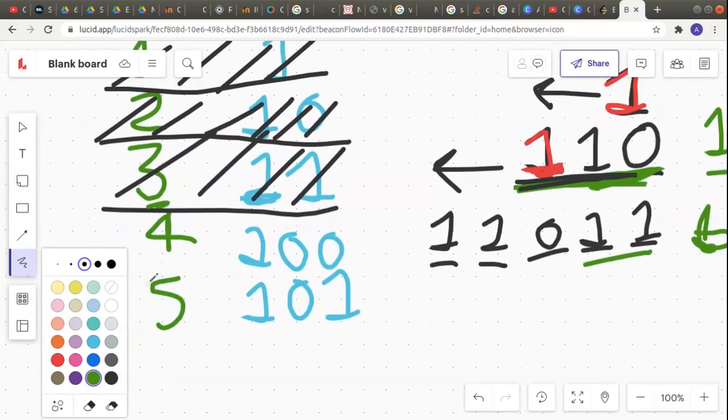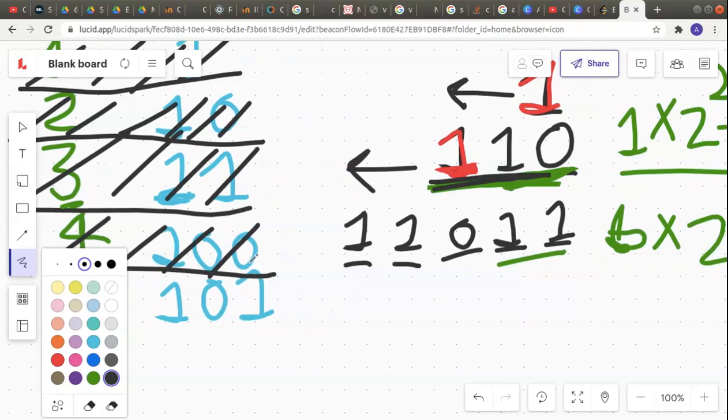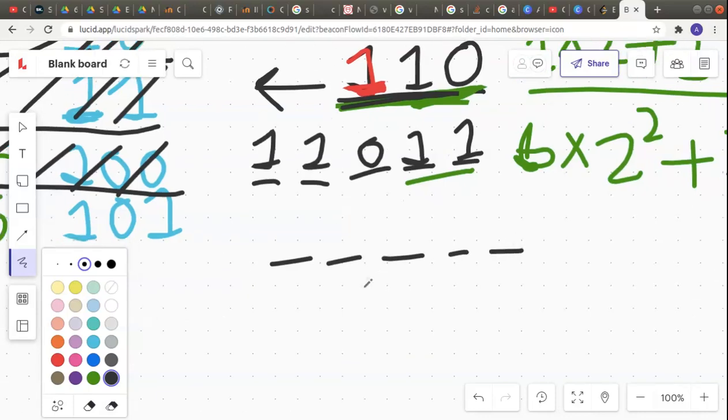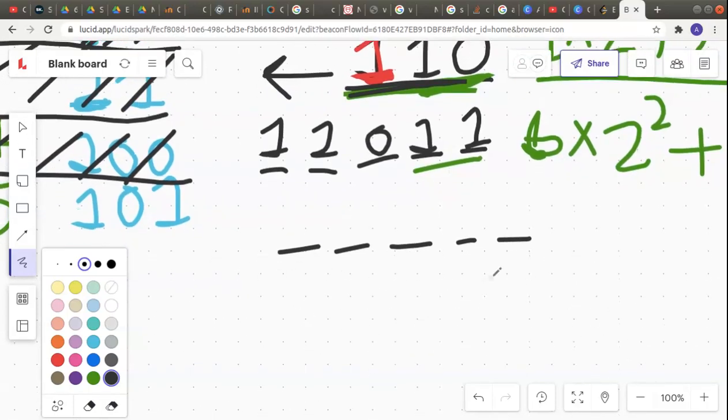Okay. Now I have to add 4, right? Or I have to add 100. Basically I have to add 100, which is the representation of 4. So how do I do that? So again I create three new places, right? So I have this 5 digit number. I create three new places for it. That means I am shifting my original number that I had by three places.